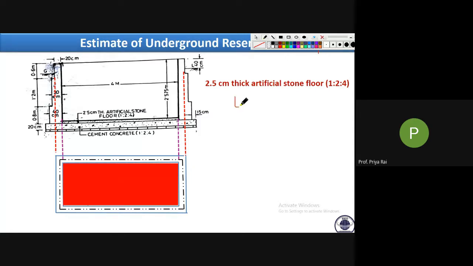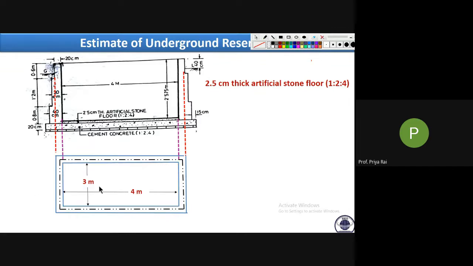L equals how much, and breadth equals how much? If we need to calculate this red portion area, length is 4 meter and this is 3 meter, simple. So we have to place over this area. Length into breadth we will calculate later on. So this area we are using for flooring, simpler.